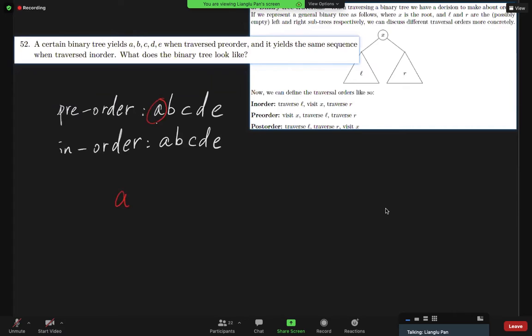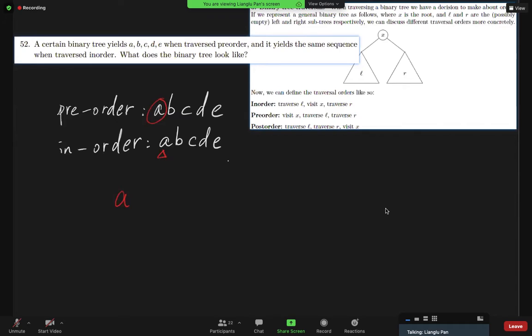After identifying that A is the root node of the tree, maybe we can think about which nodes might be in the left subtree and which nodes might be in the right subtree. Now, we can look into the in-order traversal sequence. It gives us A, B, C, D, E, and we already know that A is the root node.